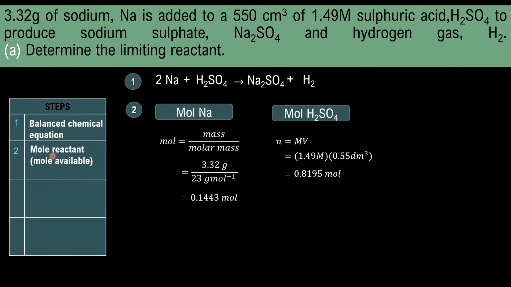Mole reactant yang kita calculate dekat step 2 ni adalah mole available. So yang ni adalah mole sodium available, iaitu bilangan mole sodium yang kita ada dan available untuk bertindak balas. Ni adalah mole H2SO4 available, iaitu bilangan mole H2SO4 yang kita ada dan available untuk bertindak balas.